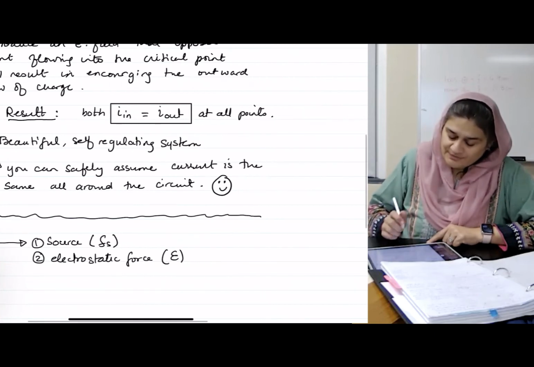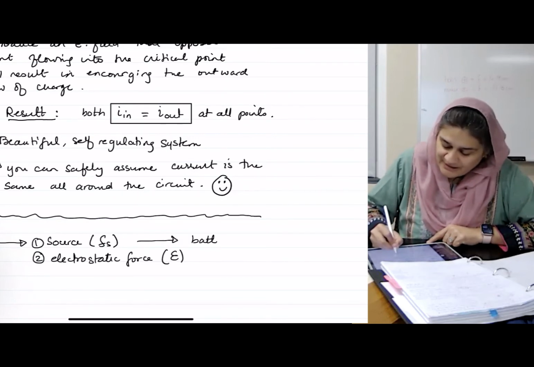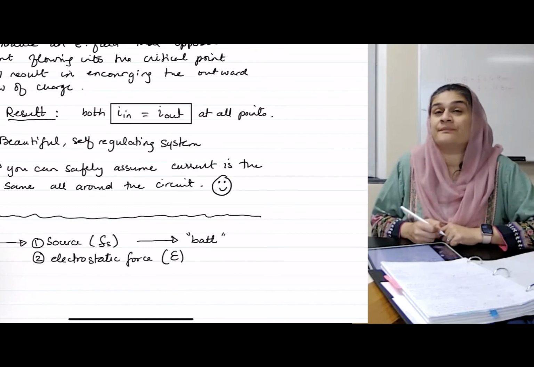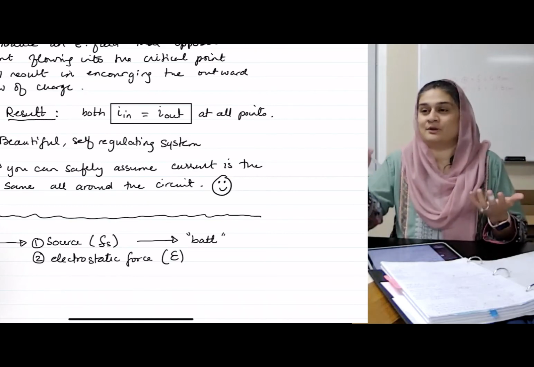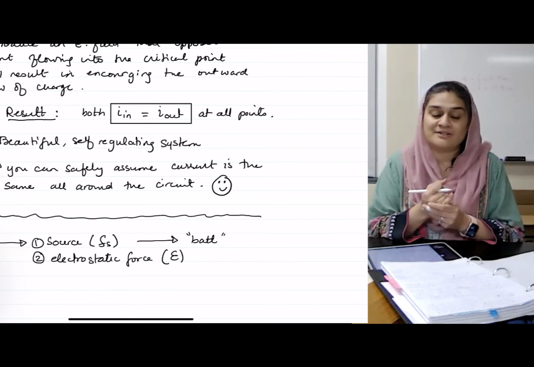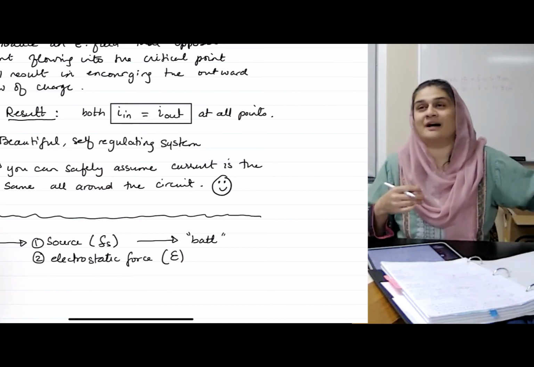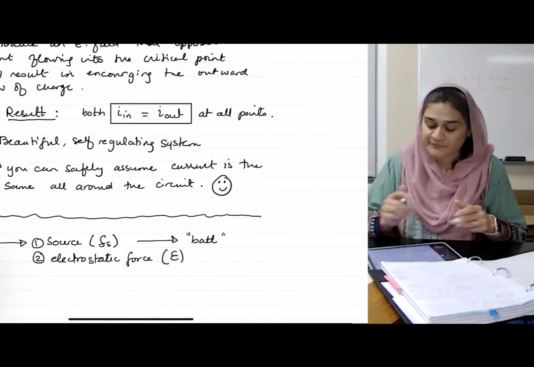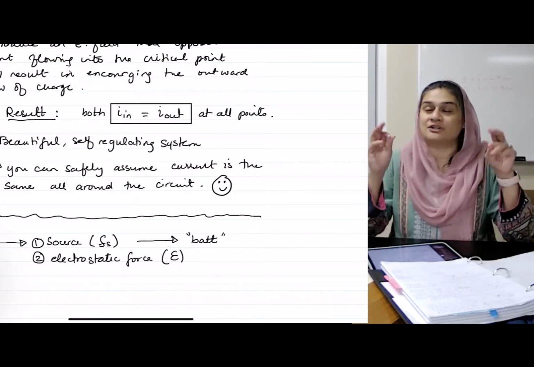What is a source? A source is any kind of battery. It could be a chemical force that your 9-volt battery provides. It could be thermal. It could be anything. So any force that is being supplied by an external source.